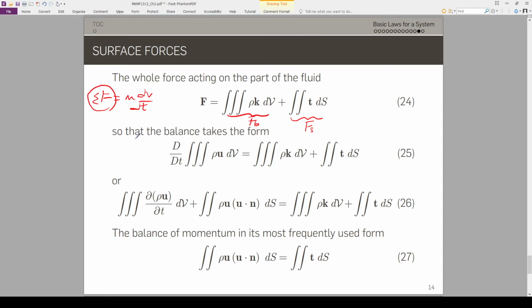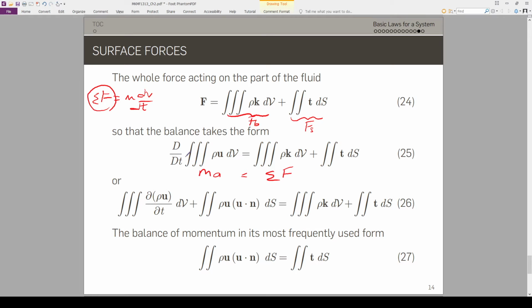So if we take the balance from the previous equation, we have d over dt of the volume integral of rho u dV. This is our momentum, ma. Then this is equal to the summation of force that we derived earlier in equation number 24.